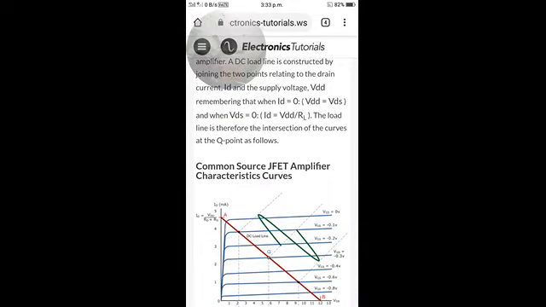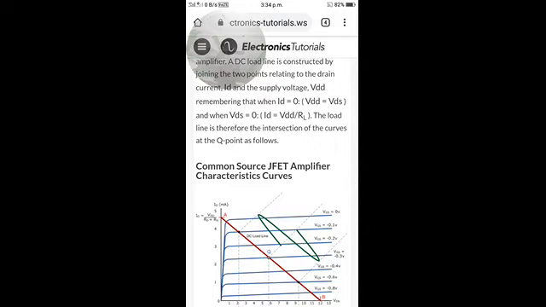Similarly, in a CE amplifier, when VCE is 0, we have IC equal to VCC by RC, using the equation VCC is equal to ICRC plus VCE. When VCE is 0, VCC is equal to ICRC, or we can write IC is equal to VCC by RC.